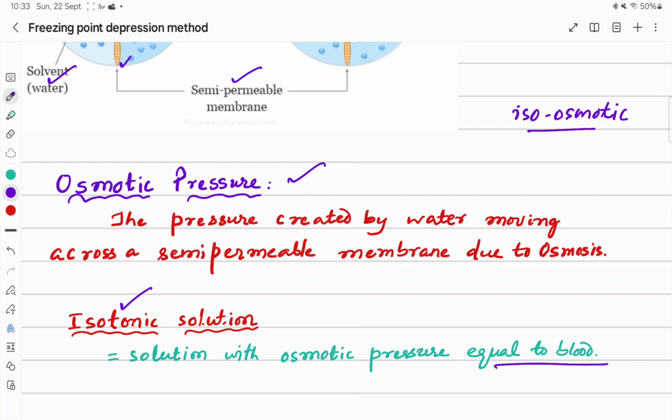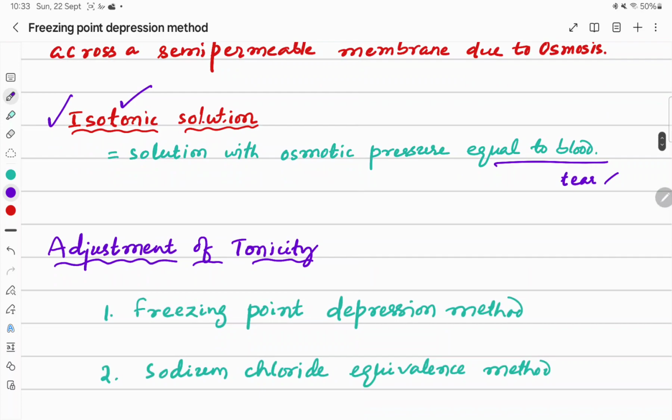So the same solution is also having osmotic pressure equal to tear, also the lacrimal secretion. So osmotic pressure of blood or osmotic pressure of tear, if any solution is having the osmotic pressure same as that of the blood or tear, then we call it as isotonic solution.